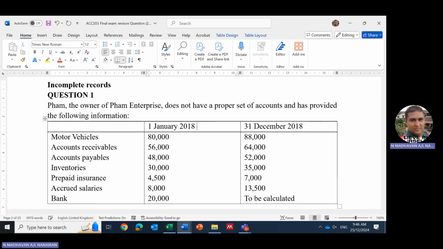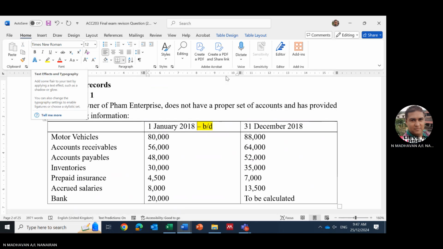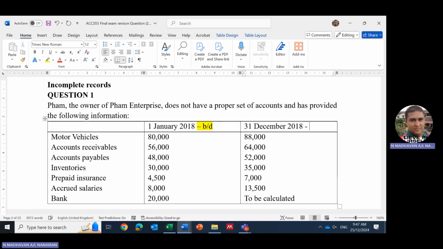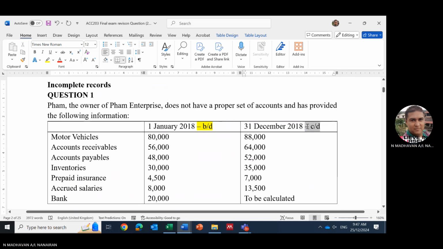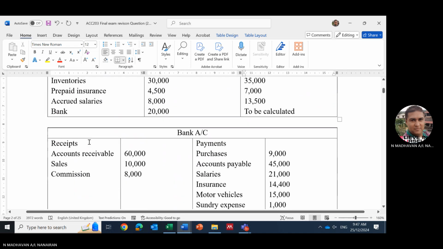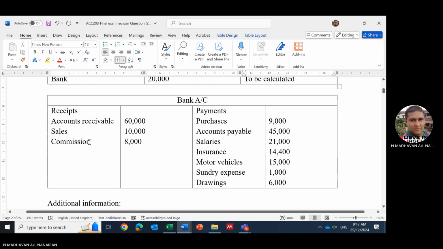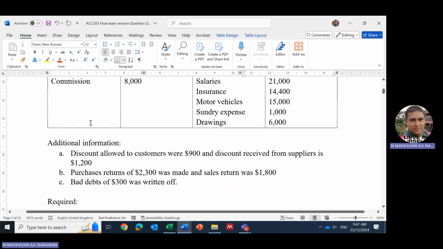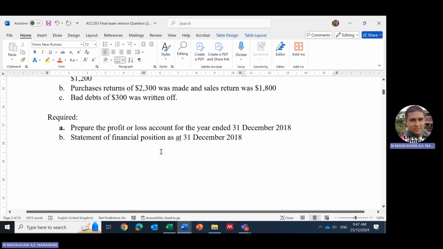The beginning of the year will represent your balance BD, and the end of the year will represent balance CD. Are you with me? Then you will be given the bank account and additional information. Watch here. What did I ask you to prepare? A, prepare profit or loss statement. B, prepare statement of financial position.